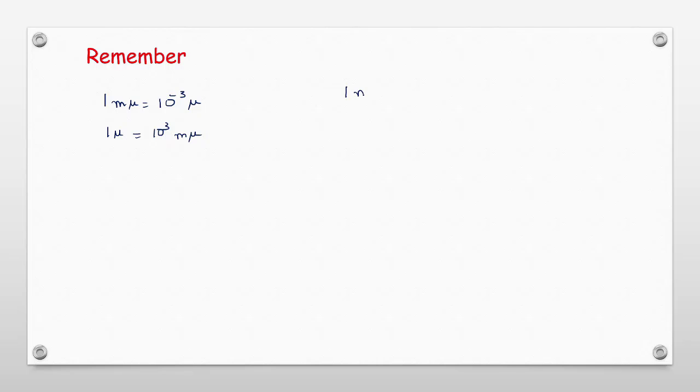Now 1 millimicron is equal to, milli can be written as 10 raised to minus 3 and micron can be written as 10 raised to minus 6 meters. So this is 10 raised to minus 9 meters and 10 raised to minus 9 meters is nanometer. So 1 nanometer. So instead of millimicron we can write as nanometer. So this is equal to 10 raised to 3 nanometers.